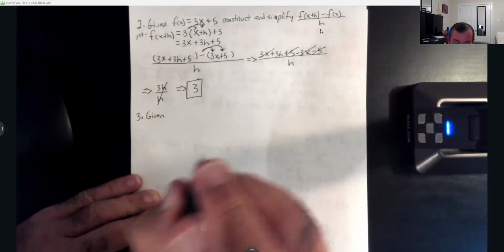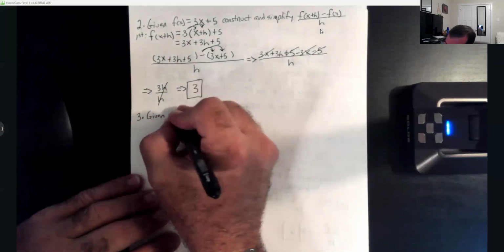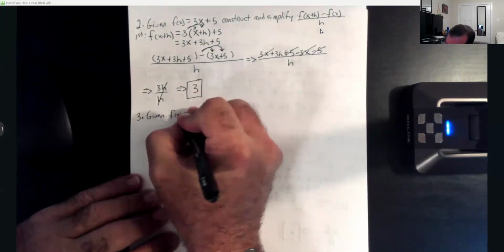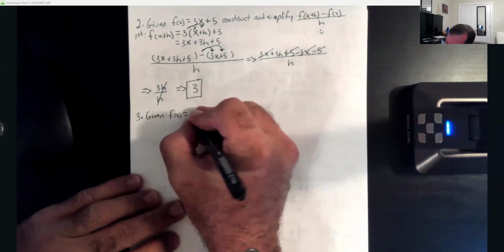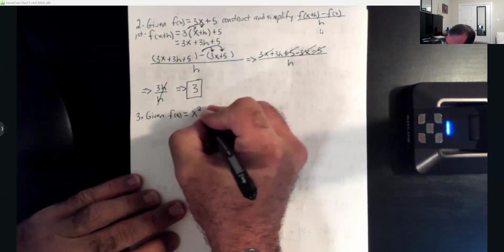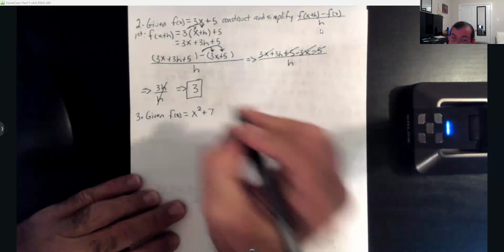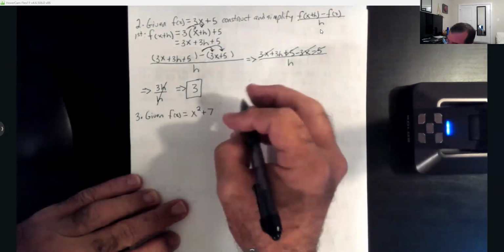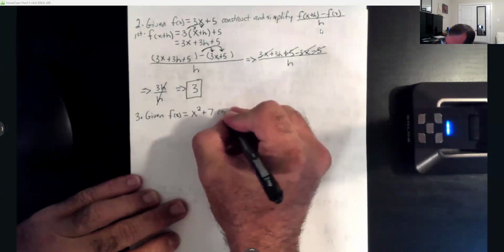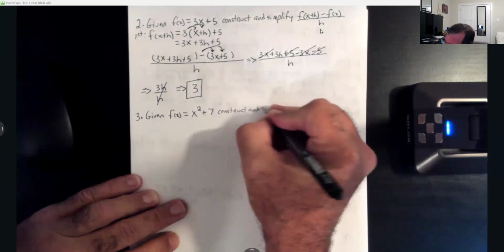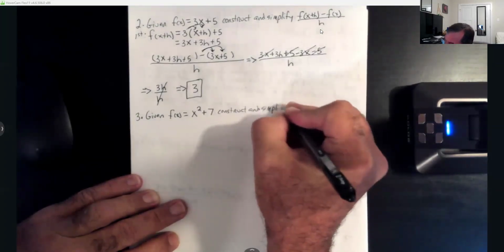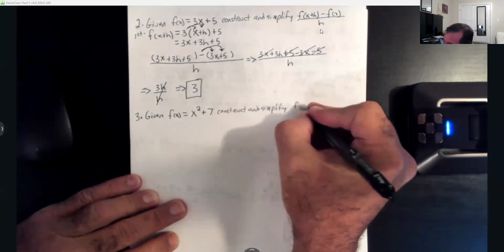Given f of x equals x squared plus 7, construct and simplify the difference quotient.